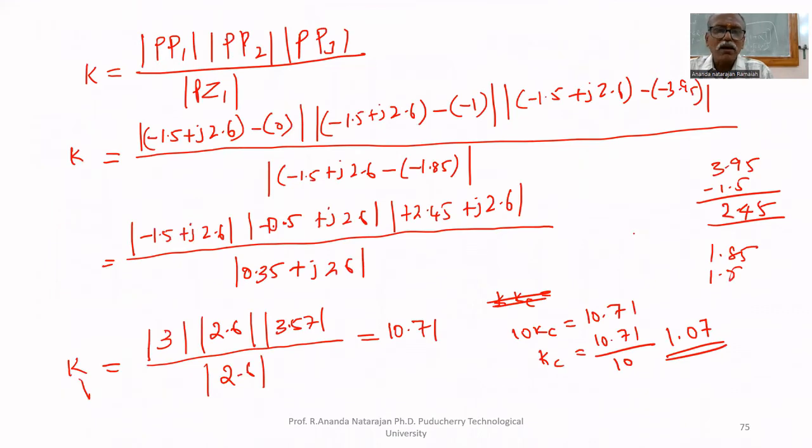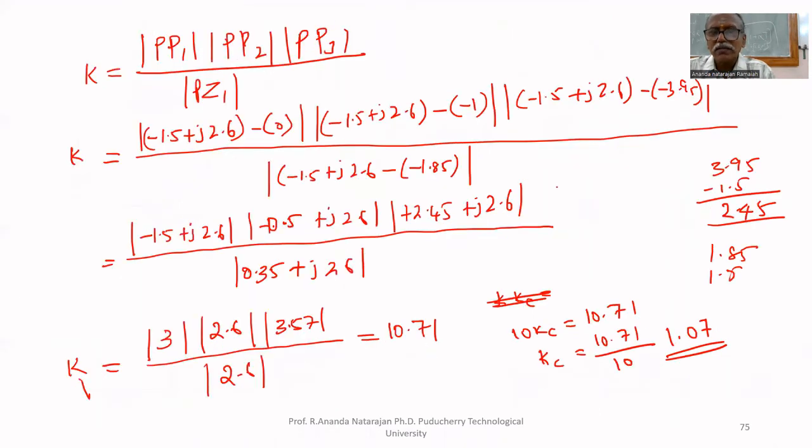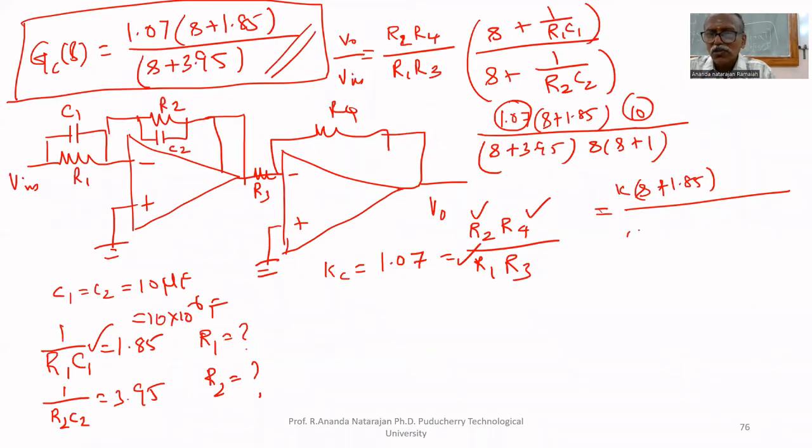The denominator polynomial also we know: S cube plus 4.95 S square plus 3.95 S plus K. This is the closed loop transfer function.